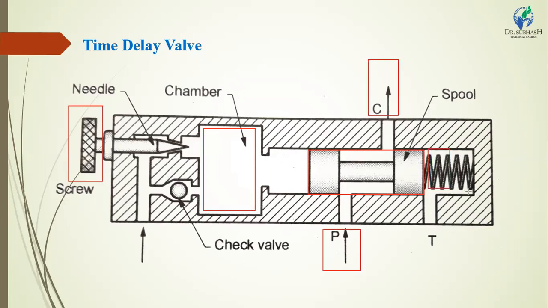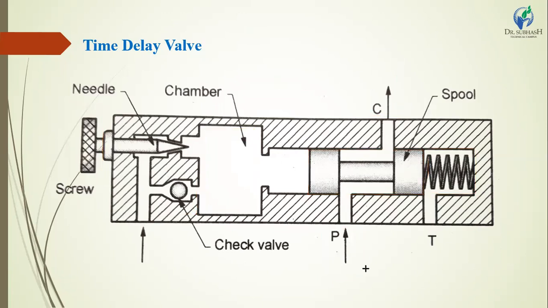Here one spring is attached to give the return force. This cross line is the body of the time delay valve. Here an NRV is attached, meaning a check valve or reverse free flow valve, to balance the hydraulic pressure.